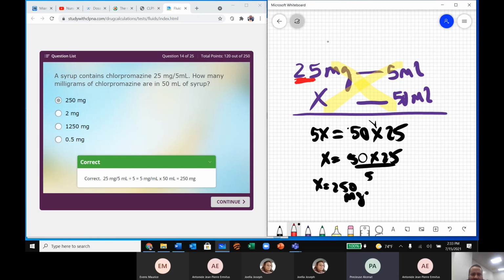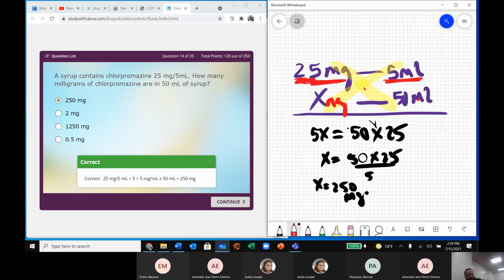We have 25 milligrams in just 5 ml. Got it? But the question says how many milligrams. The X milligrams is what you need to get. You don't know how many X milligrams we have in 50 ml.